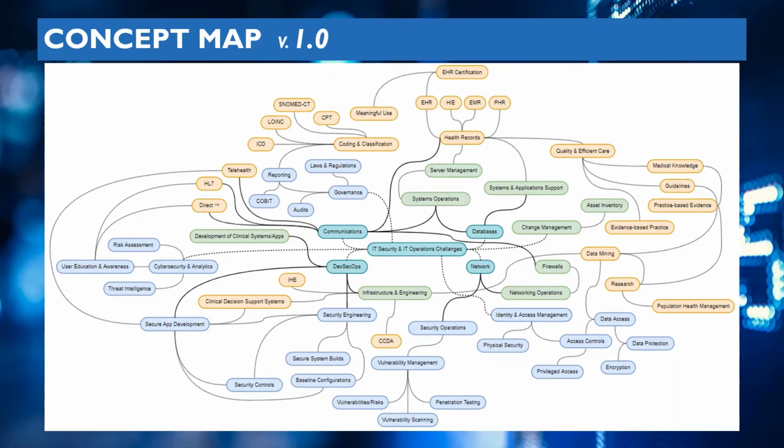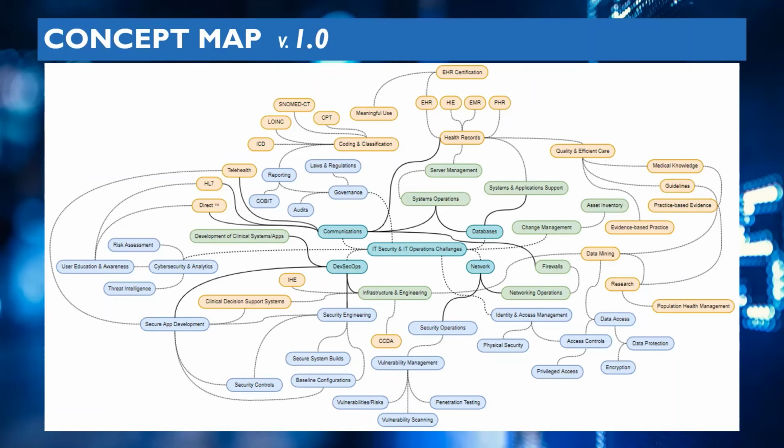I could even argue that it's a little redundant, but that just kind of speaks to the interconnected nature of all these areas, regardless of whether it's IT security and health informatics, or IT operations and IT security, or IT operations and health informatics. And just to note, since we haven't talked about IT security too much, there aren't that many orange connections to those just yet, but I suspect that there will be.